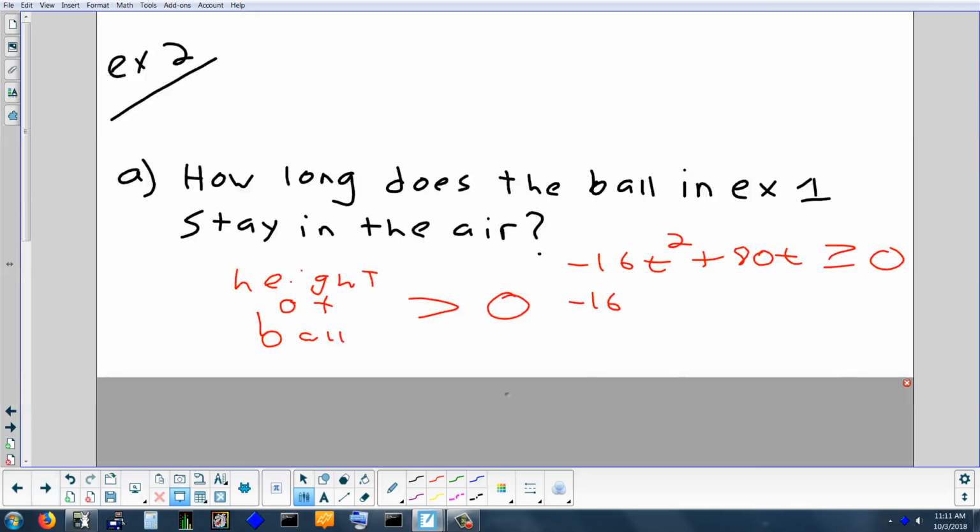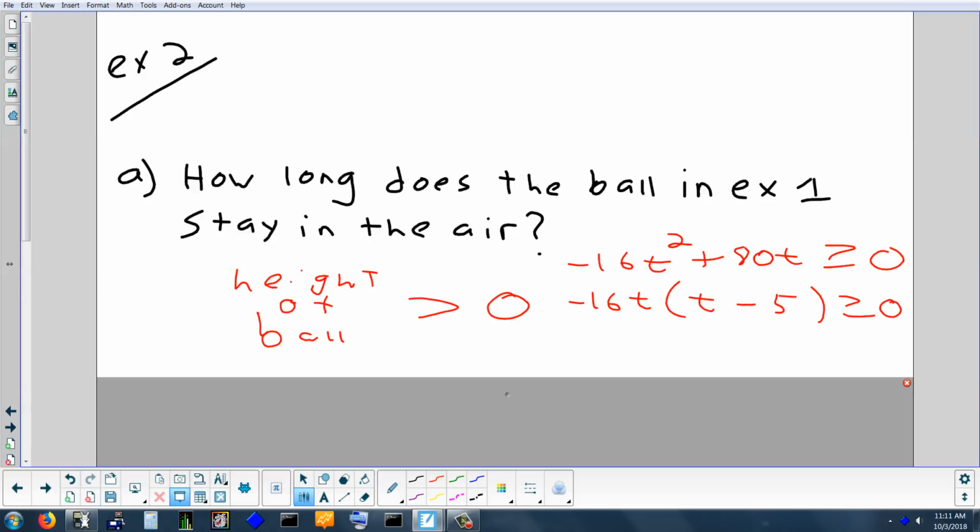Anything else that they both have in common besides negative 16? Yep. A t. So let's do that too. If I do that, I'm left with t right there. We can check it. Negative 16t times t is negative 16t squared. And what else would you be left with? Negative 16t times what is 80t? Five. Yep, 5.